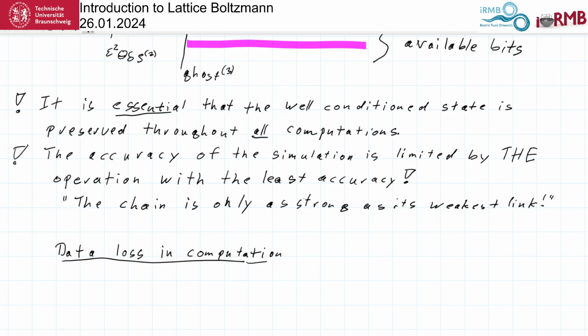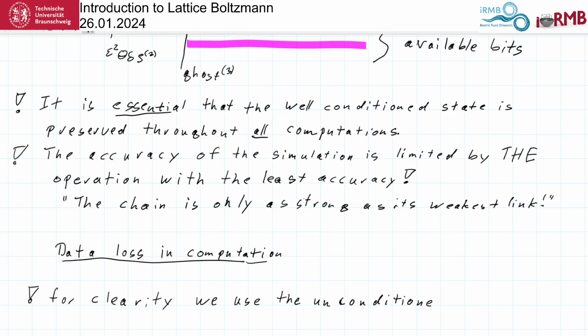Okay, let me make one statement. In principle, we should do everything with the well-conditioned case, but this is a bit complicated, and for what we want to understand here, it doesn't matter. So for clarity, we use the unconditioned, the normal way of doing computations.